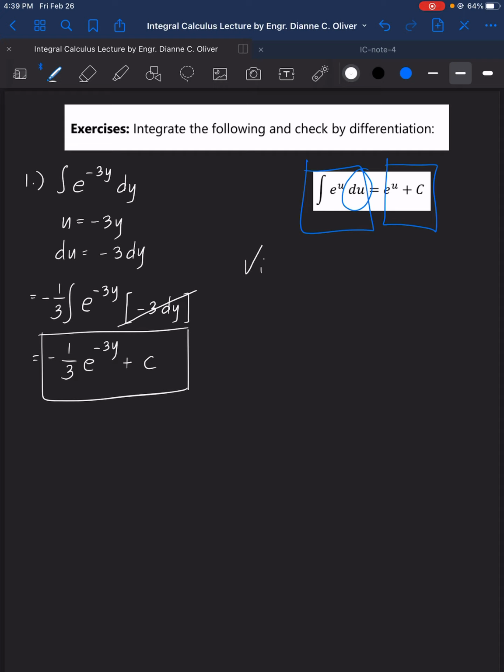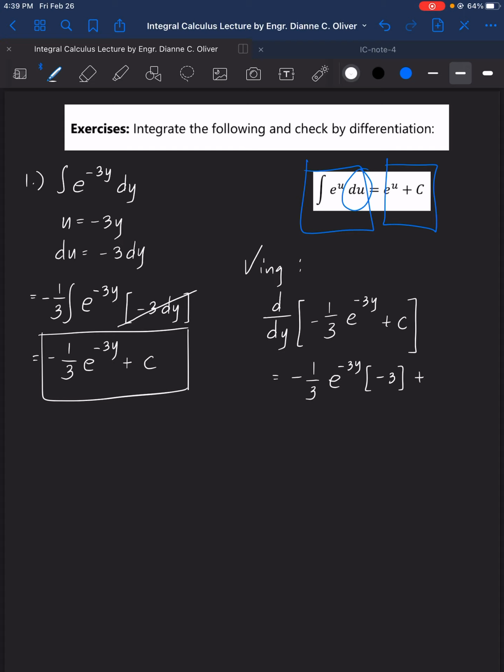Now for checking by differentiation, let's differentiate the answer, which is negative 1/3 e raised to negative 3y plus c. So that is equal to negative 1/3, and the derivative of e raised to negative 3y is e raised to negative 3y, then the derivative of the exponent, which is negative 3.